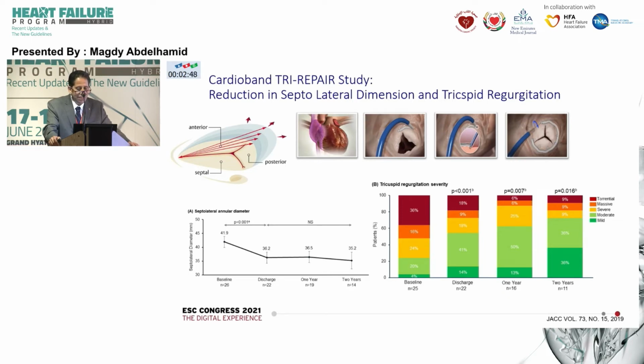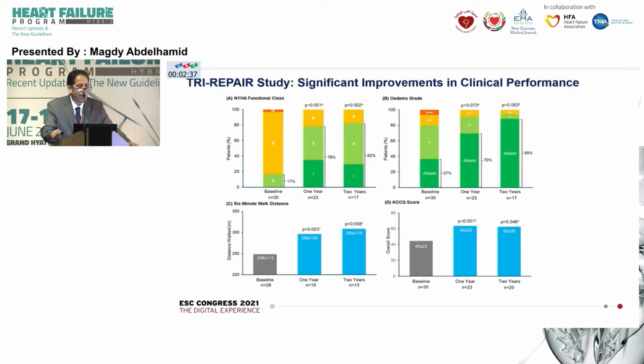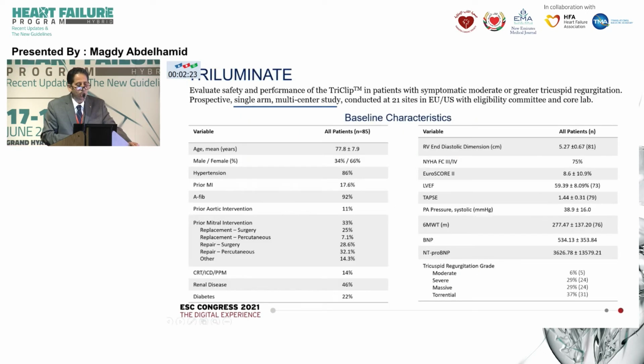For example, at baseline, 36% had torrential tricuspid regurgitation, which decreased significantly after 2 years to only 9%. And there was clinical improvement evidenced by improvement in the NYHA functional class, decreased edema grades, as well as improvement in the 6-minute walk distance and improvement in quality of life by the Kansas City Cardiomyopathy Questionnaire.